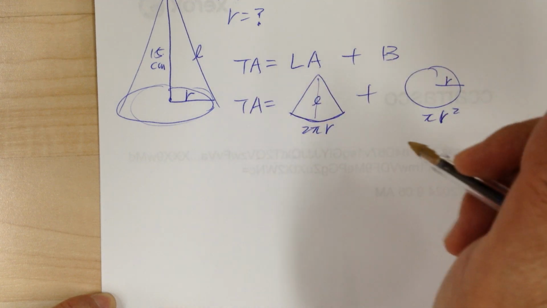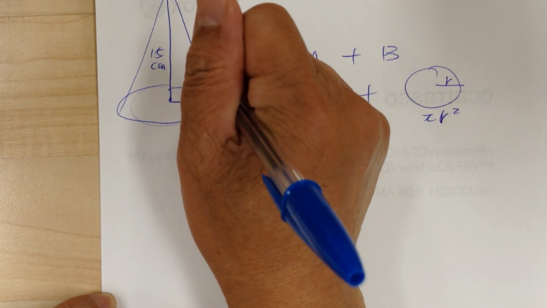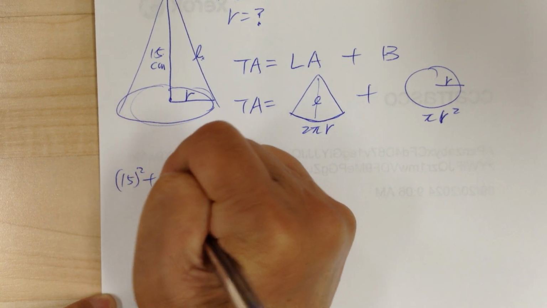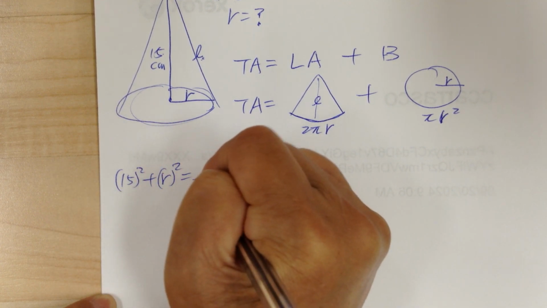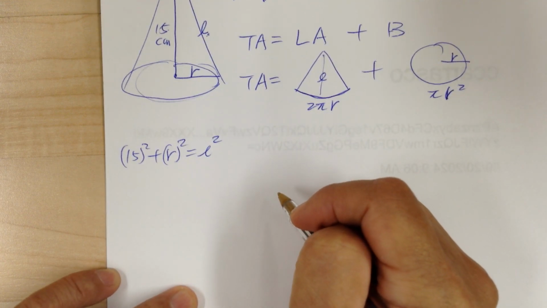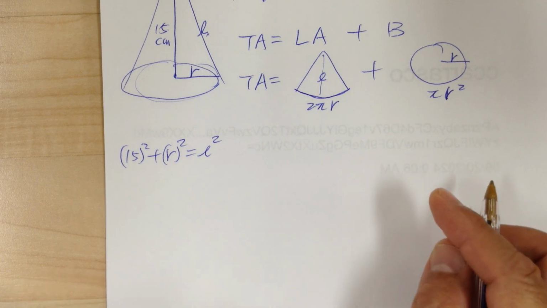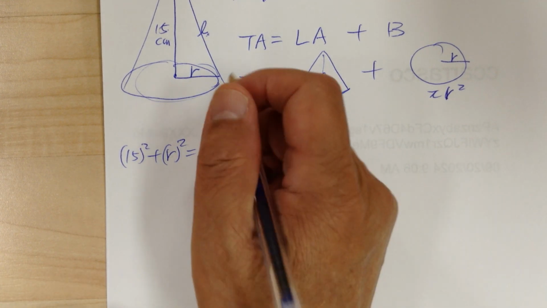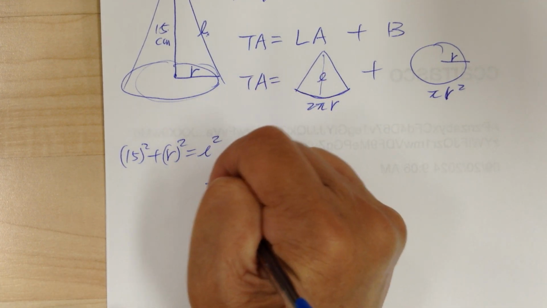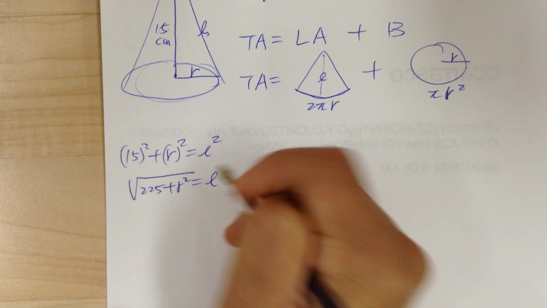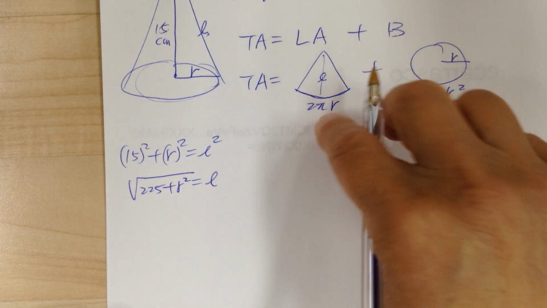So 15 squared plus r squared equals L squared. That's the formula. Now if you take the square root, L equals the square root of 225 plus r squared. Now let's substitute everything in here.